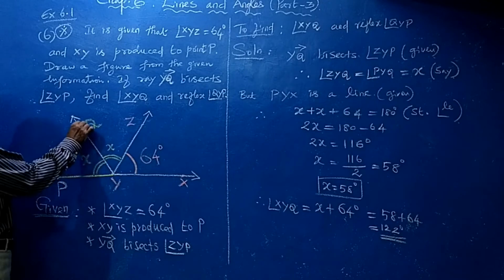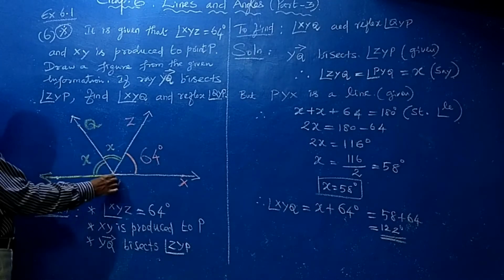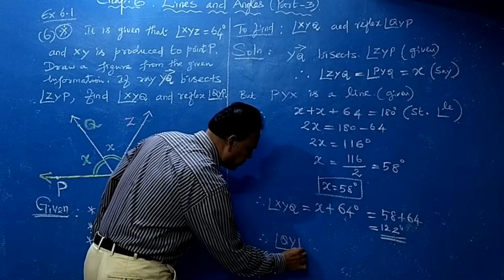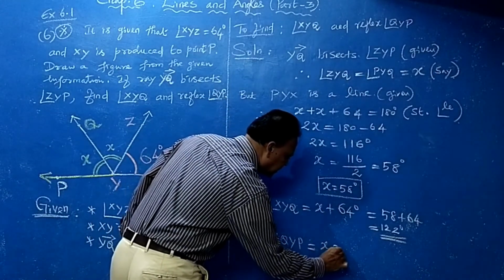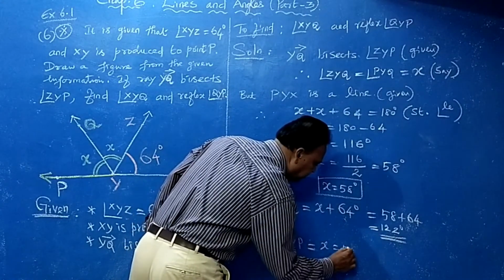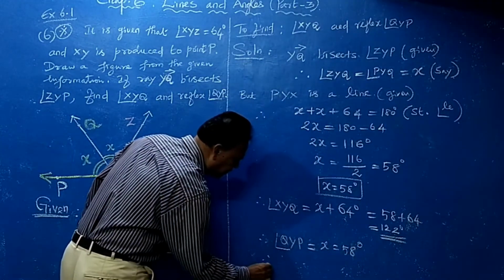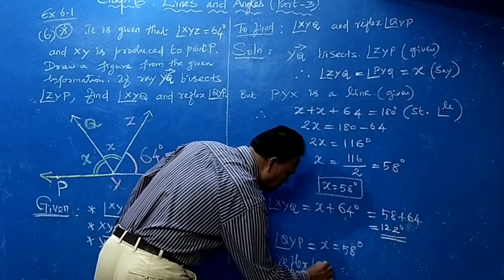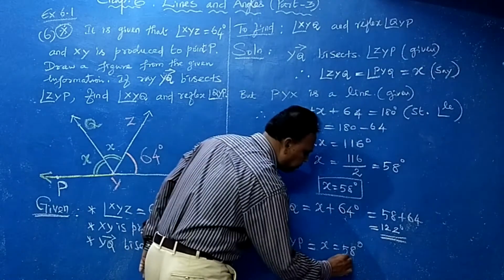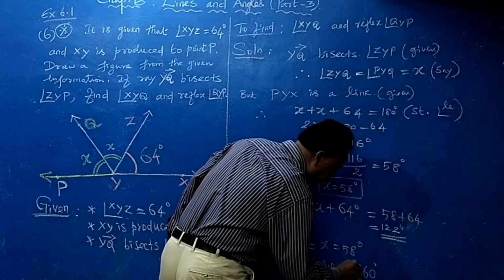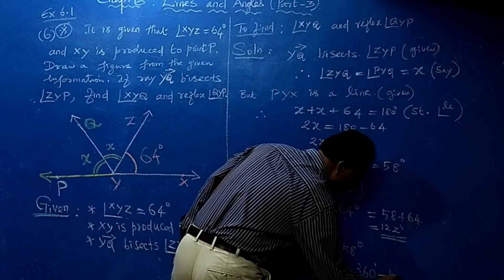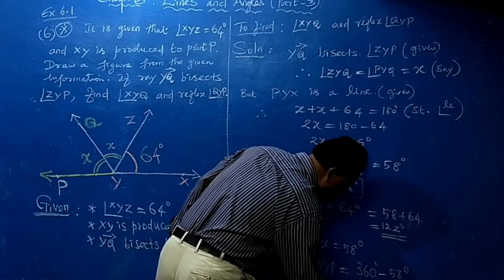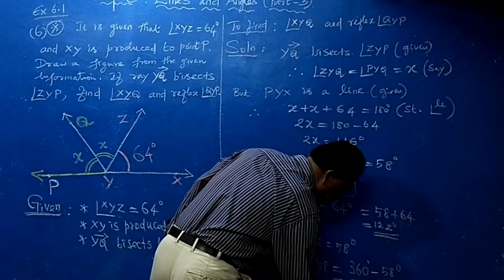Angle QYP is x, that is equal to 58. Therefore, for the reflex angle QYP, you have to subtract 58 from 360. That means 360 minus 58, which is equal to 302 degrees.